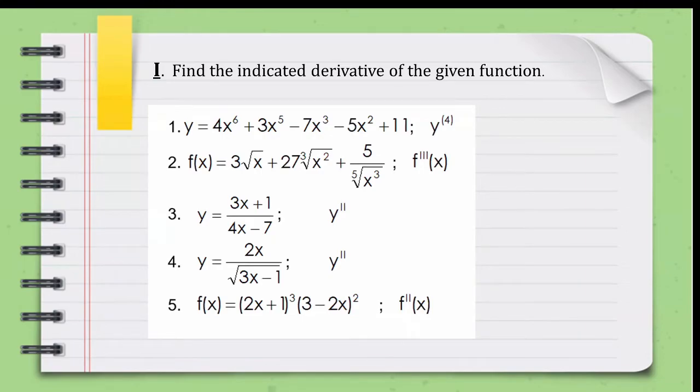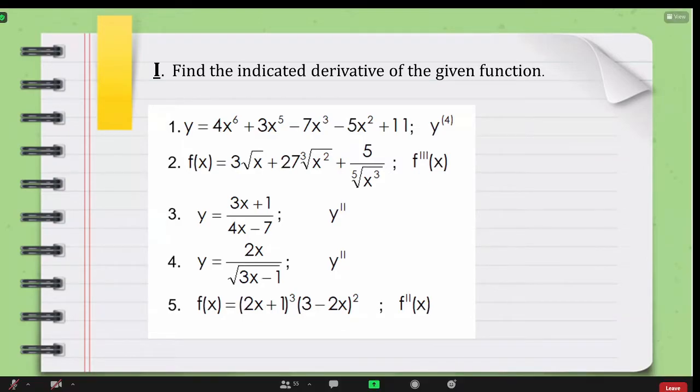So, iaangat mo lang yung 5 all over the fifth root of x cubed. Dapat i-express mo in terms of exponential. Then, function of x is equal to x raised to 1/2.